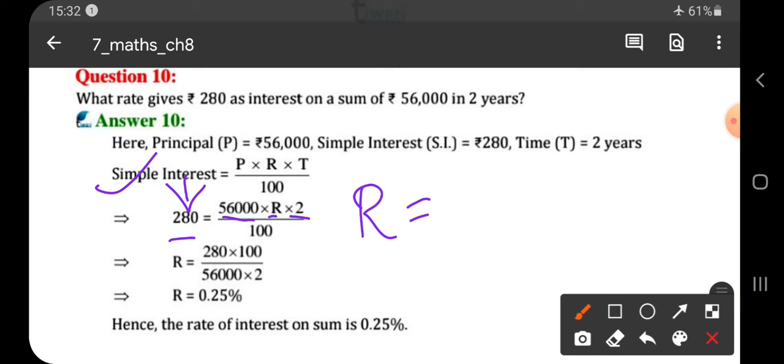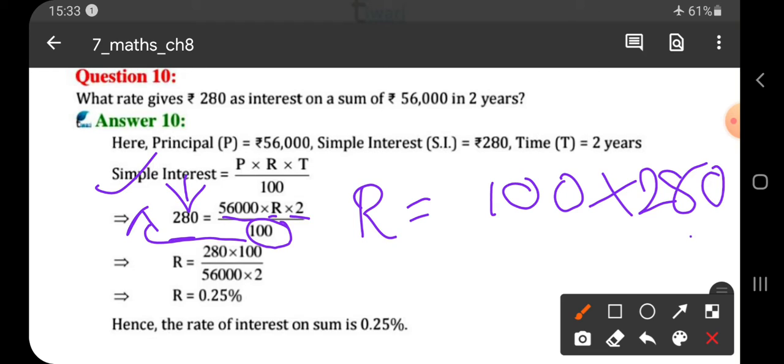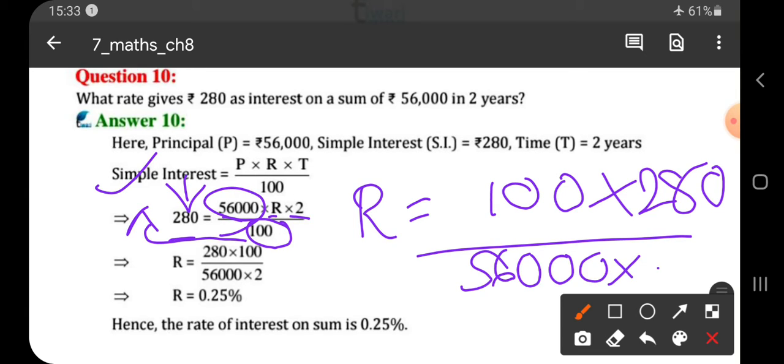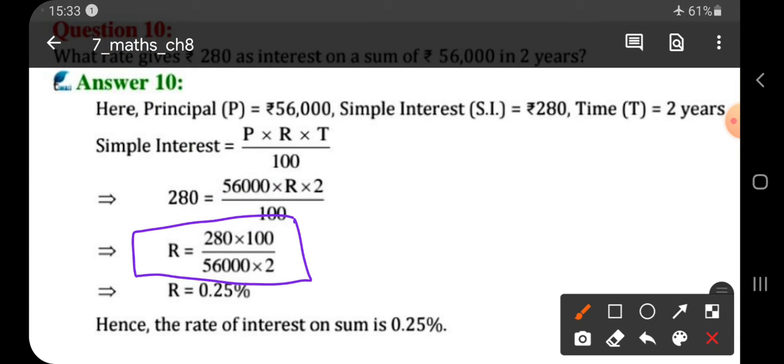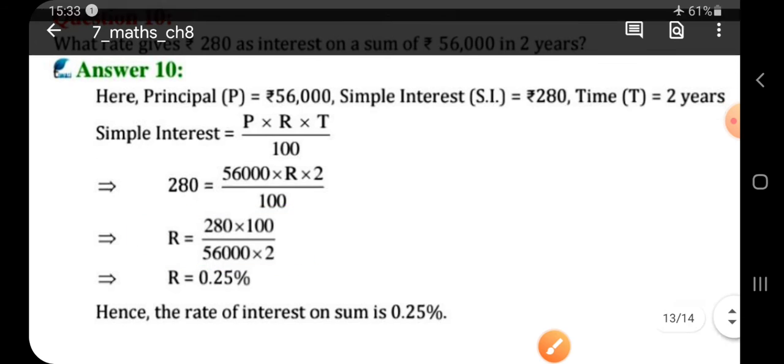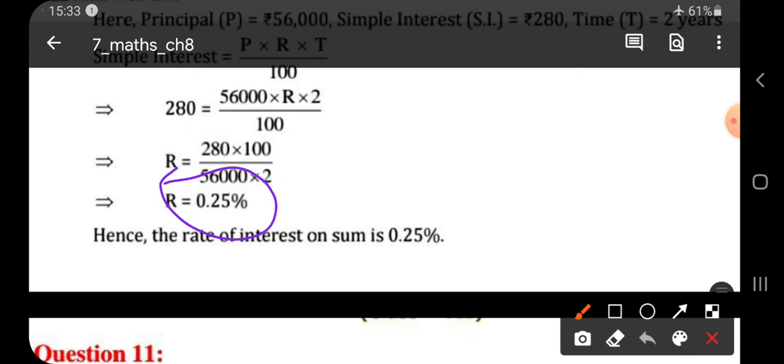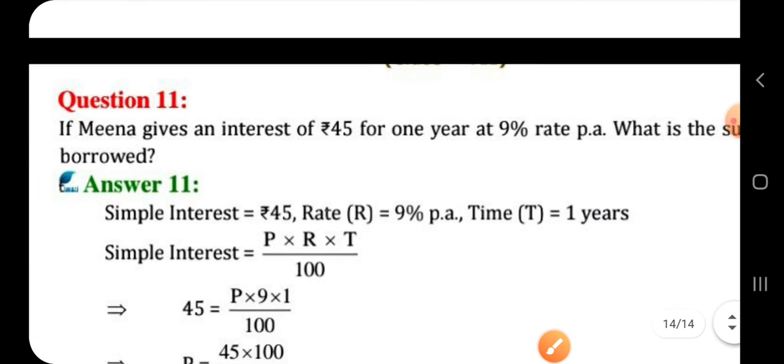Make R the subject. So this 100 will go to the other side. So it will be 100 into 280 divided by 56,000 into 2. Same formula it is given here. Solve it out, so you will get 0.25%. That is the rate of interest.